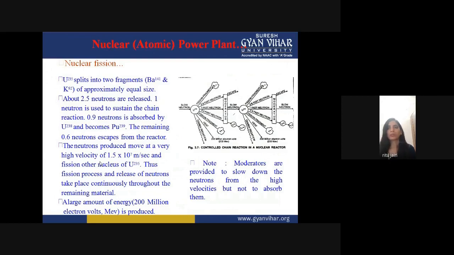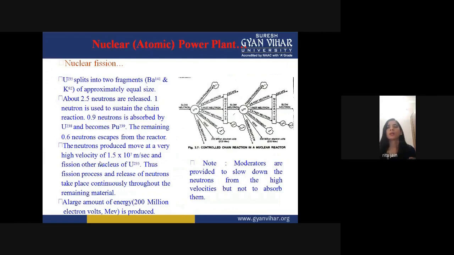Okay, so this is your nuclear fission, where you take one uranium and it collides with a neutron, and then it is divided into two parts, releasing a large amount of energy and neutrons. Then these barium and uranium are again divided into two parts, which splits into two U238 and becomes Pu239.